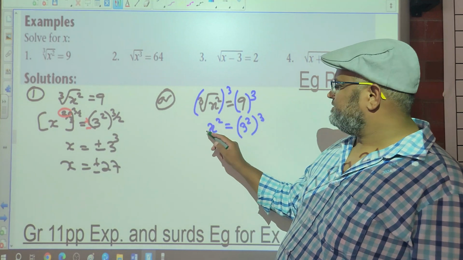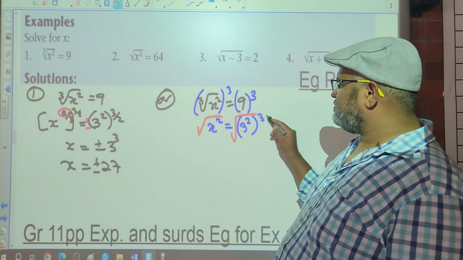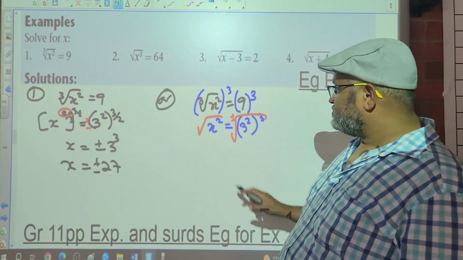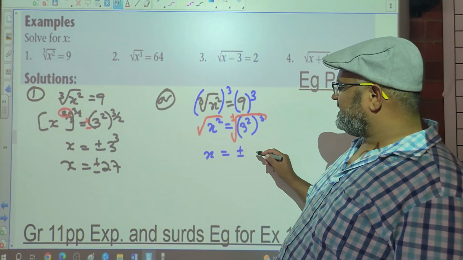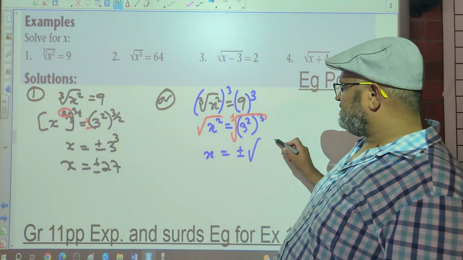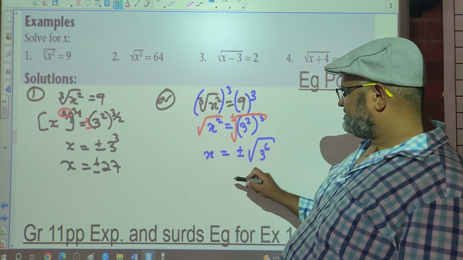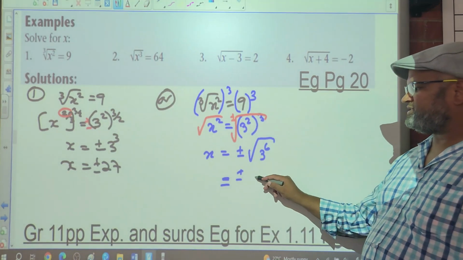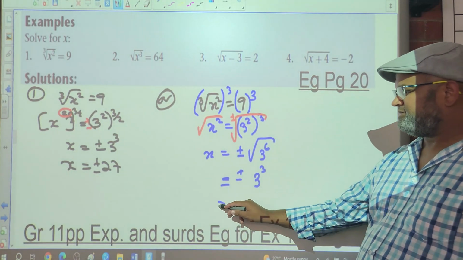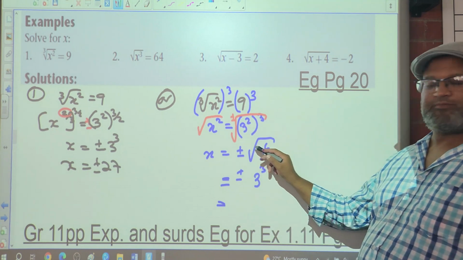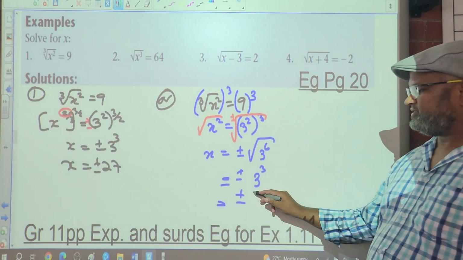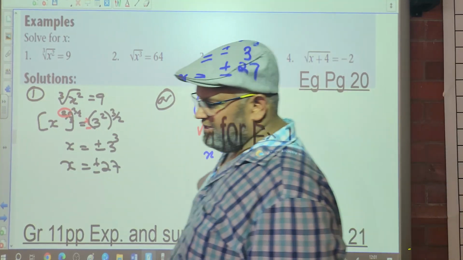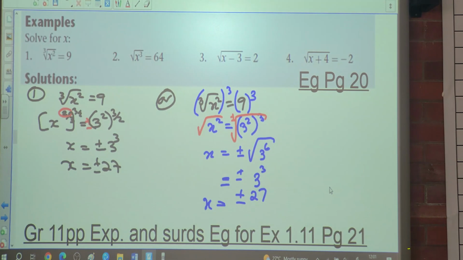The square root. If I introduce the square root, I must not forget plus minus. So x is equal to plus minus the square root of 3 to the 6. The square root of 3 to the 6 is 3 cubed, because 6 divided by 2 is 3. And 3 cubed is 27. Either way will get you the full mark.